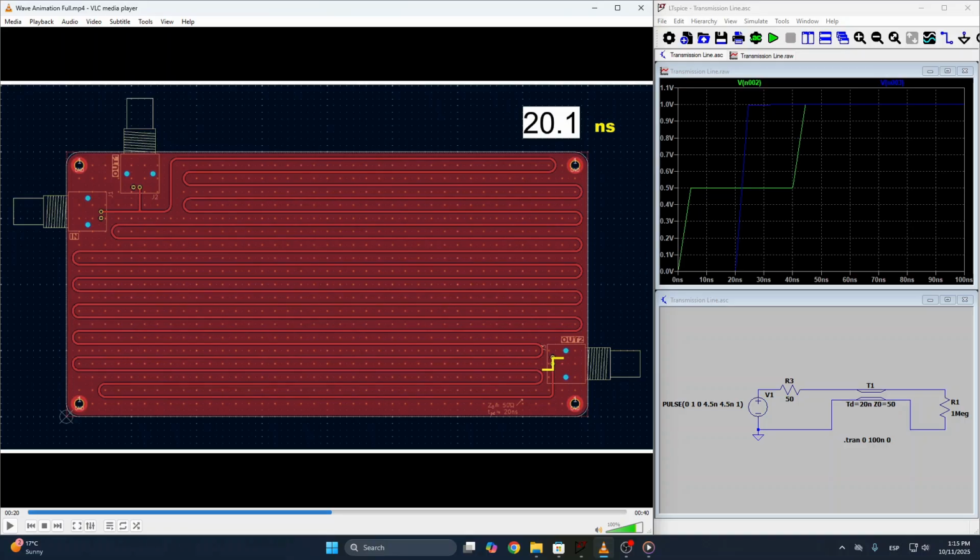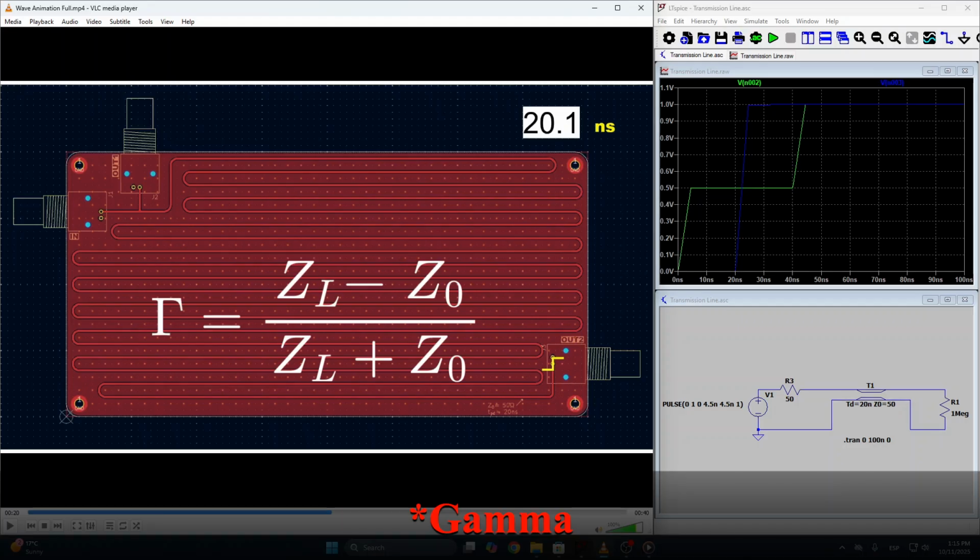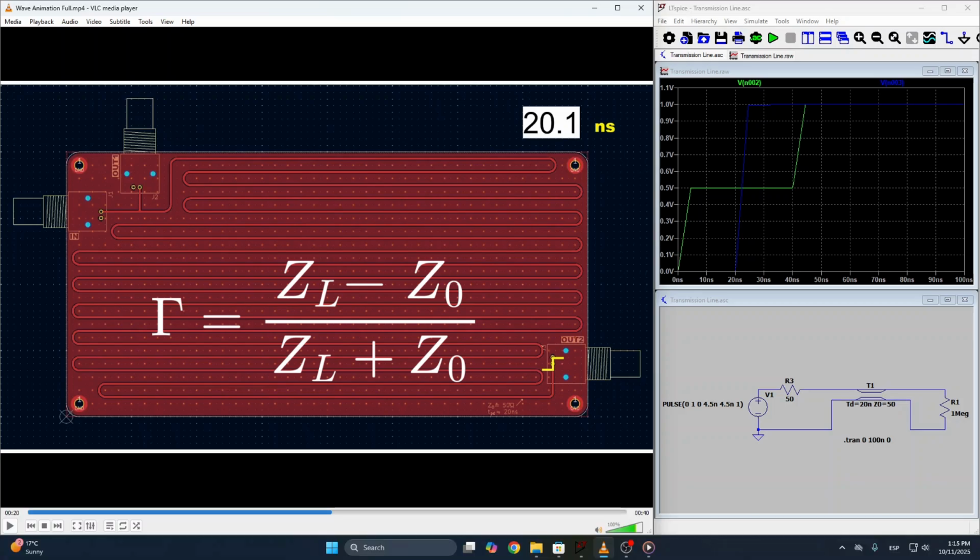The amplitude of this reflection can be obtained from the reflection coefficient equation, defined as rho, which is equal to Z load minus Z0, divided by Z load plus Z0. The coefficient can be any number between -1 and +1. A reflection coefficient of 0 means nothing is reflected.